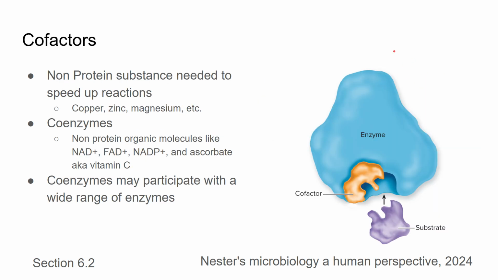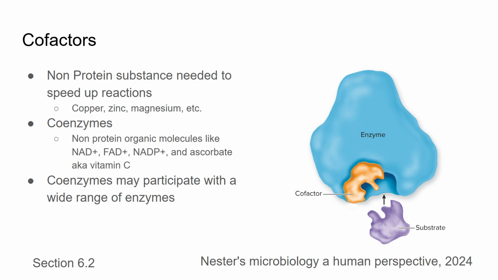Okay, enzymes may need cofactors in order to function. Cofactors are non-protein substances needed to speed up reactions. So a couple examples would be like copper, zinc, or magnesium. Those are all things that you need to have reactions occur with different enzymes. Another type of cofactor is called a coenzyme.